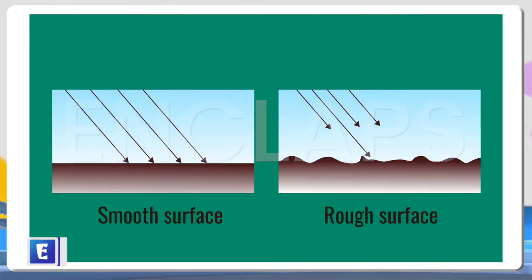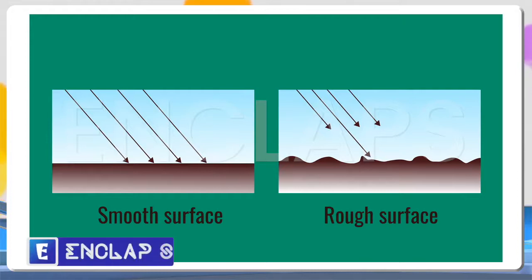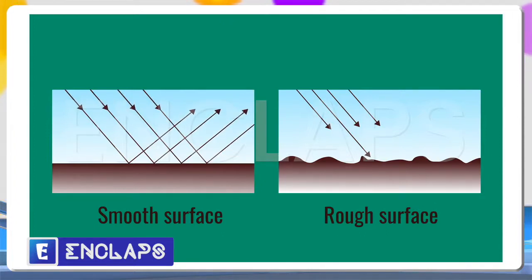What do we observe here? The light rays are coming parallel in both the cases. But after reflection, there comes a difference. In the first surface, the light rays reflect back in the regular parallel order itself. But on the second surface, the light rays are reflecting back irregularly.